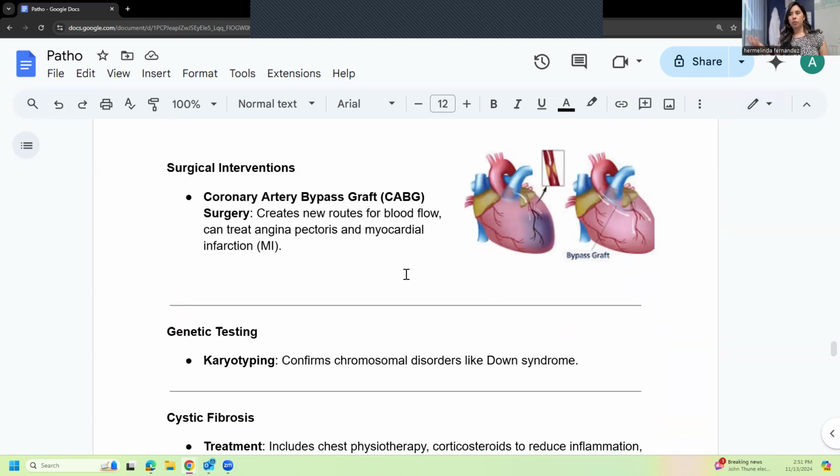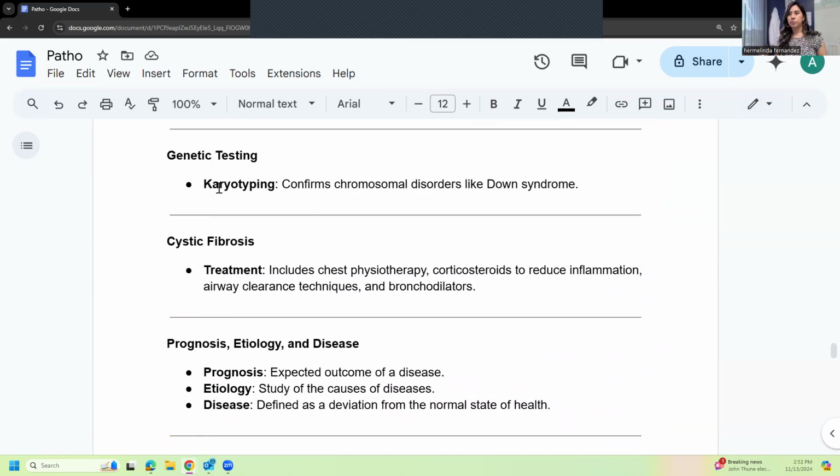Right, and then we have CABG, coronary artery bypass graft. What this does is create a new route for blood flow, so they're able to treat angina pectoris and MI. Genetic testing, again: confirming chromosome disorders would include Down syndrome.